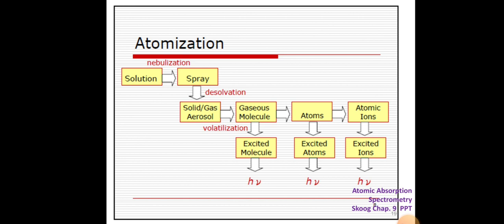Here you can see the atomization steps or procedure. At the beginning, we have a solution that by nebulization will be sprayed into the burner.